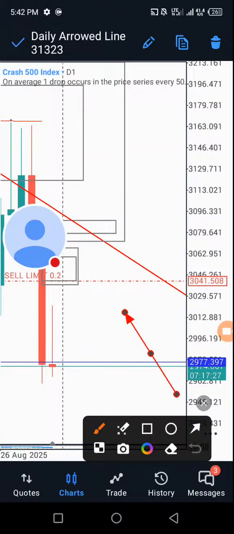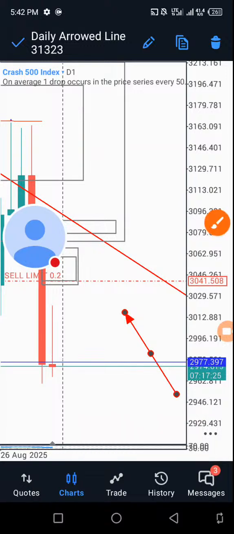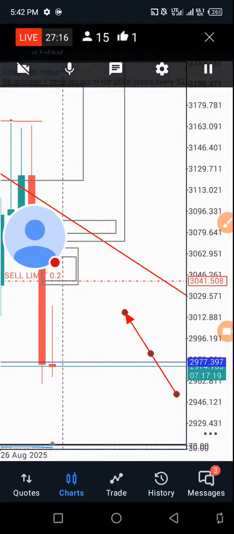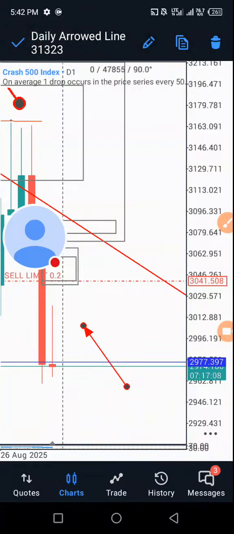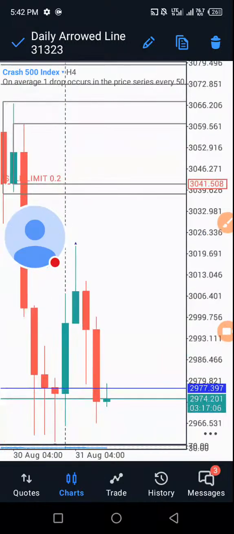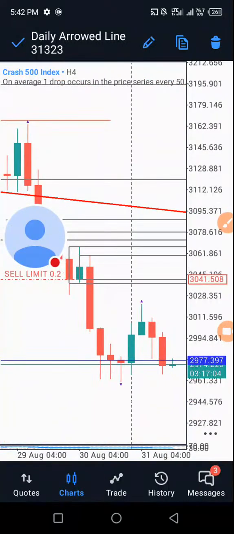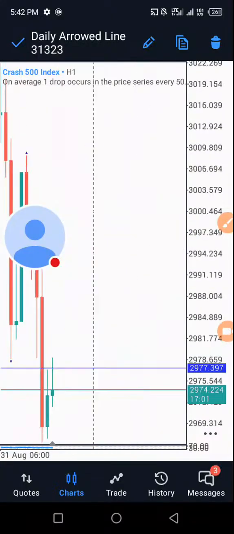Let's not be in a hurry, because sometimes we might be tempted to jump into a trade because we feel that the trade might leave us. So let's just wait for it to actually play out, let it end first before we do any other thing, guys. So that's how we are going to approach Crash 500.